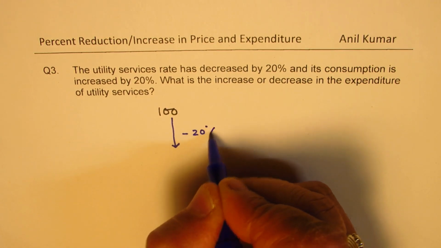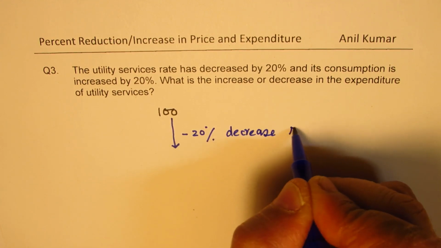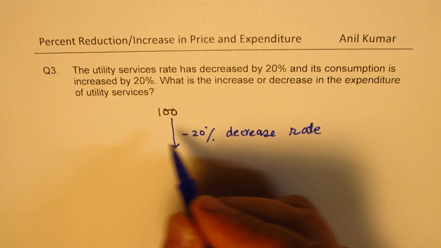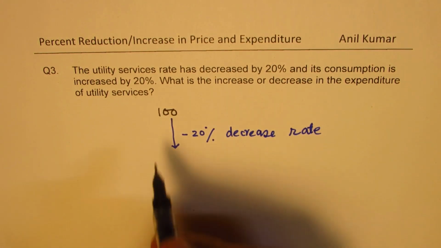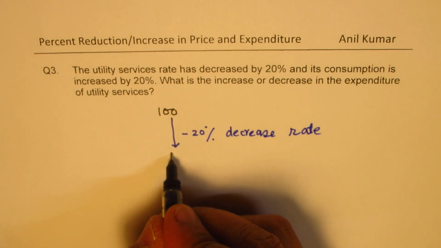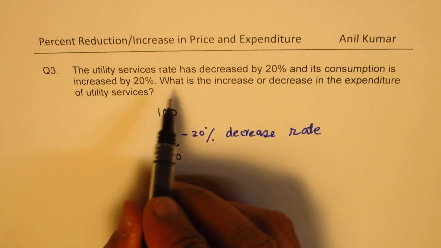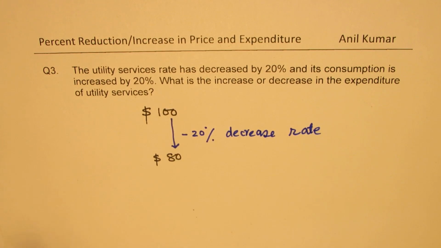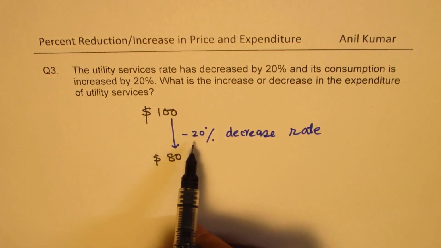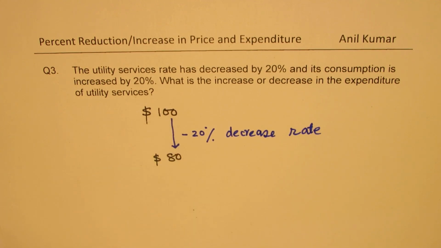So 20% decrease in rate. So the dollar value also decreases by 20%, right? So if I do 20 less than 100, it becomes 80. Perfect.